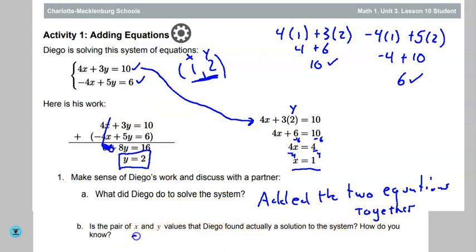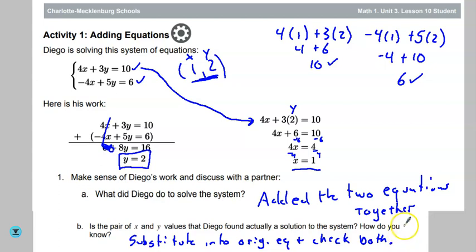How do we know? You can substitute into the original equations and check both equations, right? All right.